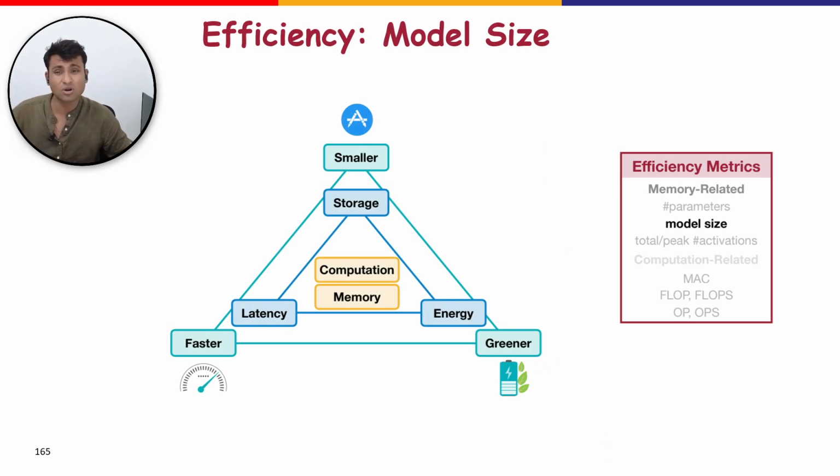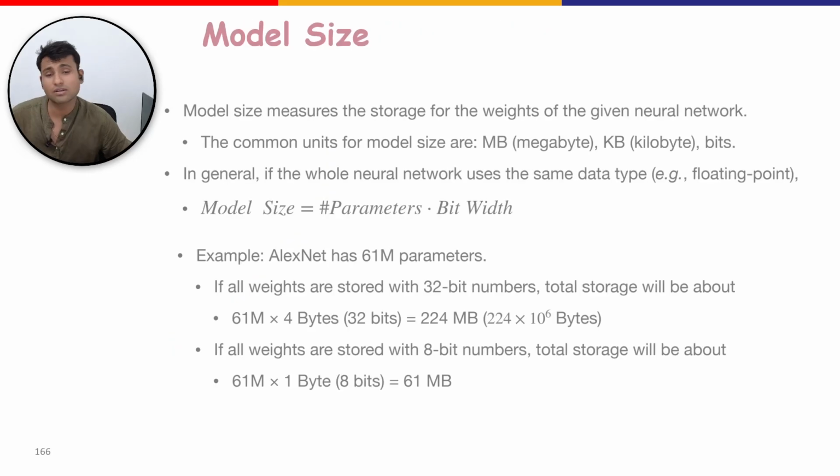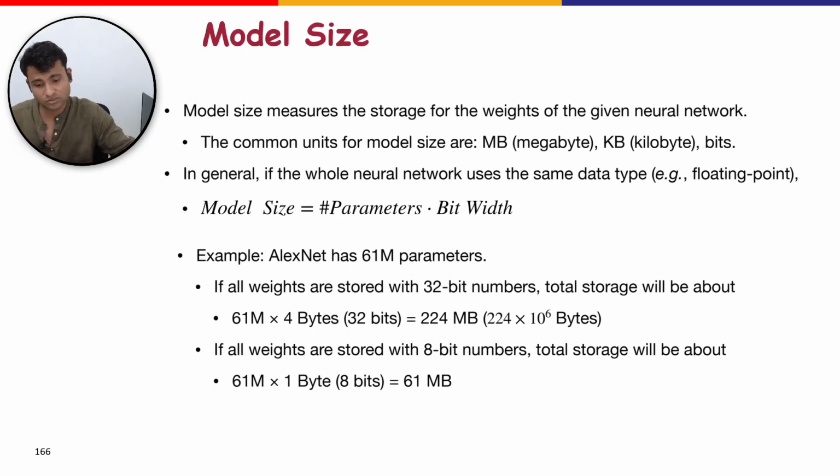Next we look at model size. Once we've calculated the total number of parameters, model size measures the storage for the weights of the given neural network. Essentially, when we're talking about the model size, we're referring to the number of parameters and how much space each parameter is taking, which is determined by its bit width.